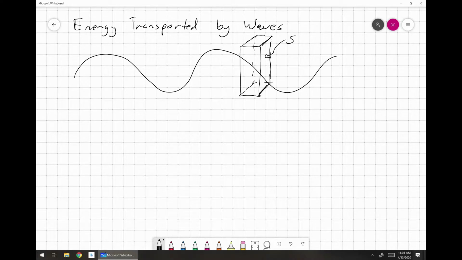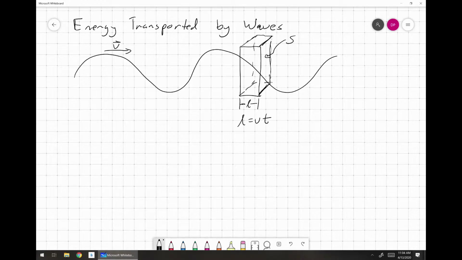Let's say the area of this surface we're going to call S, and this length here is going to be L. And of course we know that L is going to be the same as the speed of the wave times the amount of time it takes for the wave to travel through that particular section, right? So we will start out there, and again this wave is traveling here at some speed v.